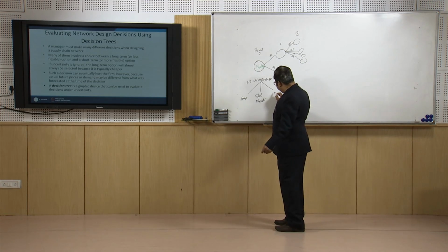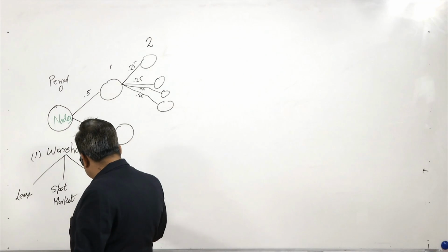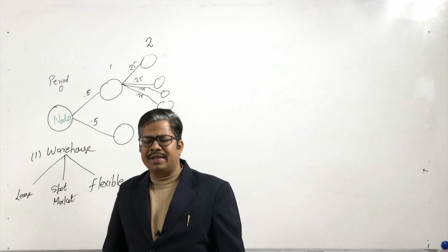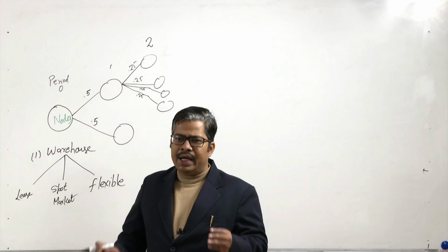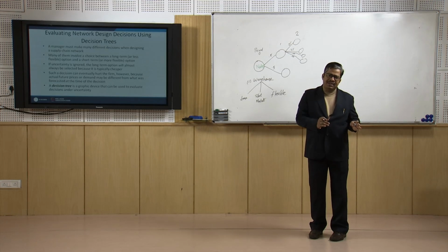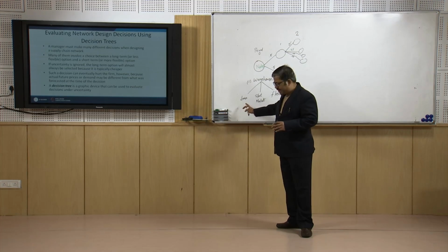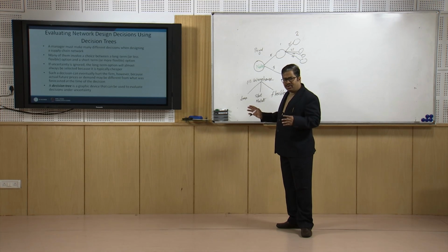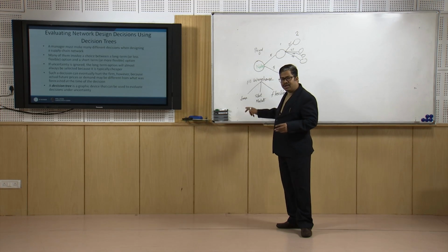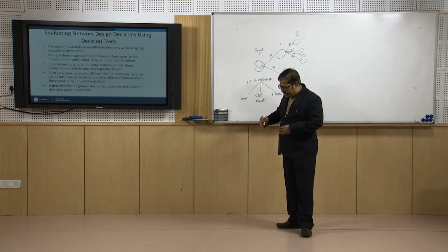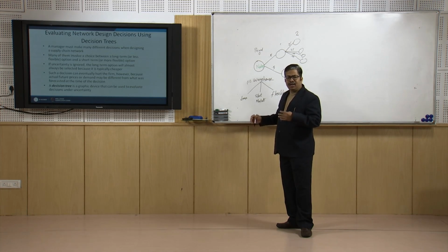And then the third option is a flexible arrangement. In a flexible arrangement, I take some space fixed, that this much minimum space I am going to take on lease. It is in fact a combination of both lease and spot, where I take some space on lease and fulfill the remaining requirement on the spot market.